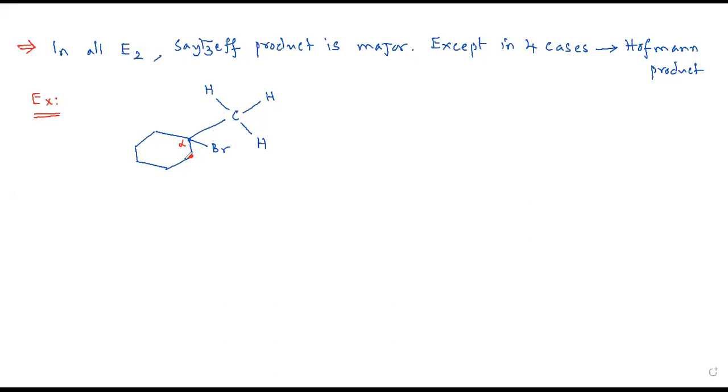This one is beta. Even this also is beta. Even this also is beta. But these two are in the same environment. Either you go that way or this way, doesn't make any difference. Right?